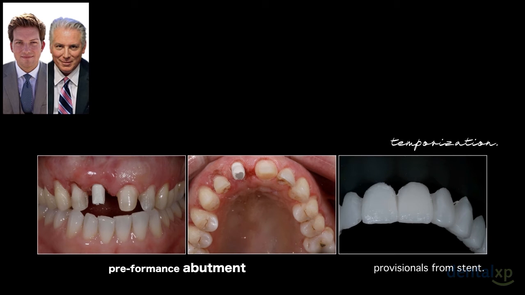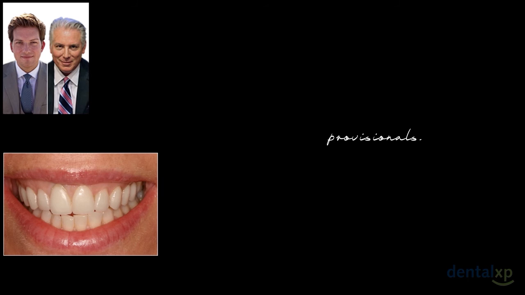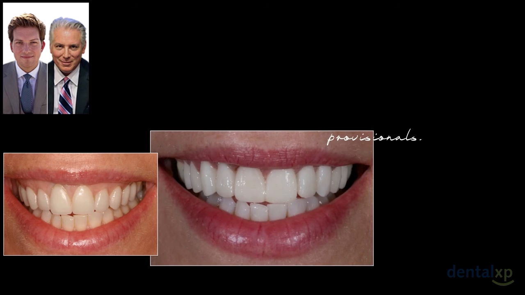We do this outside of the mouth, sculpt it the way we want, and then bring the patient back the following day, which is crucial in communicating both the final aesthetic outcome with the patient and with the laboratory to make sure that everyone's on the same page.